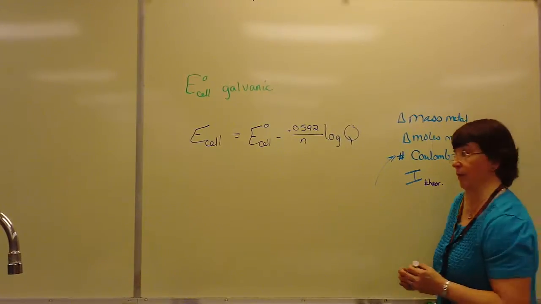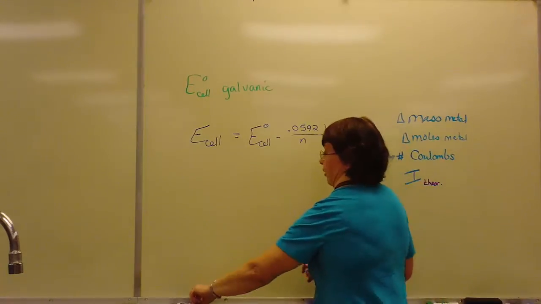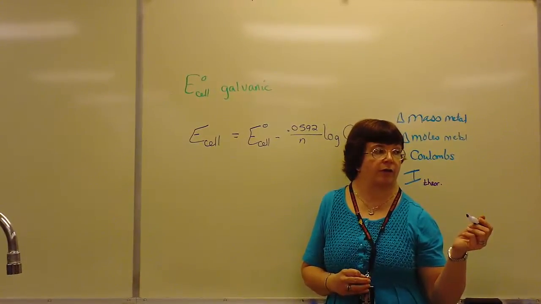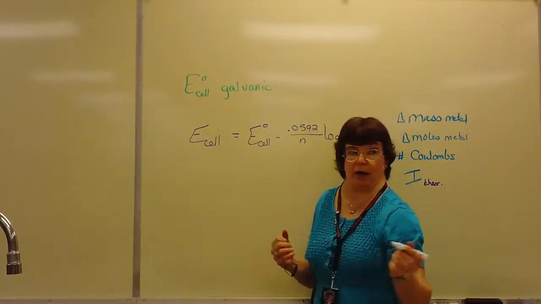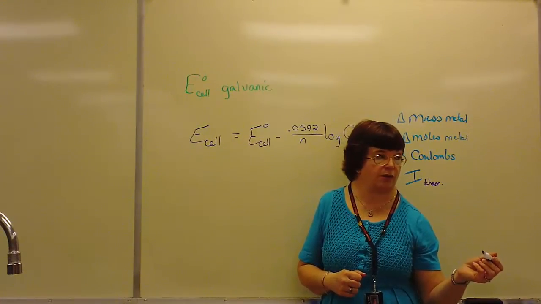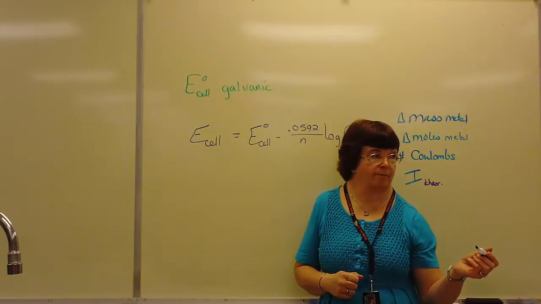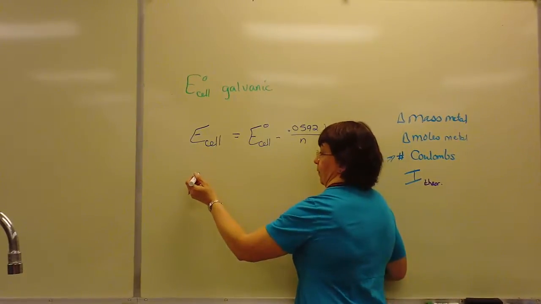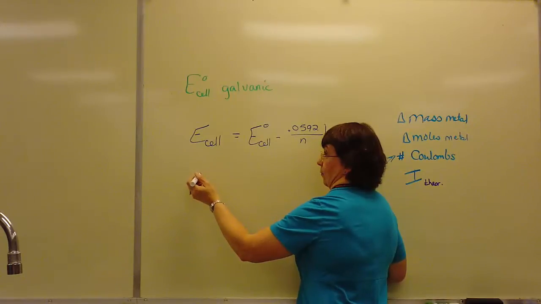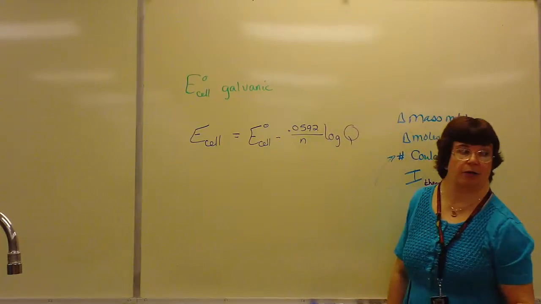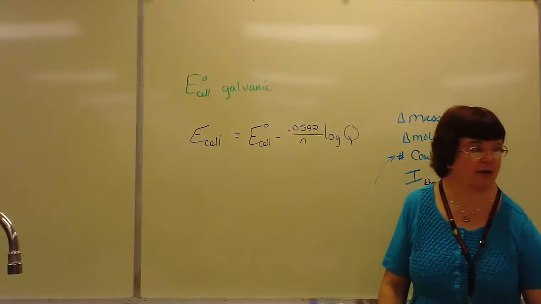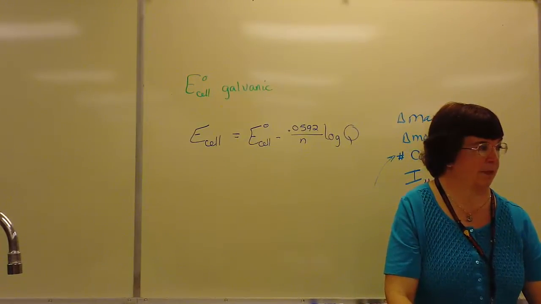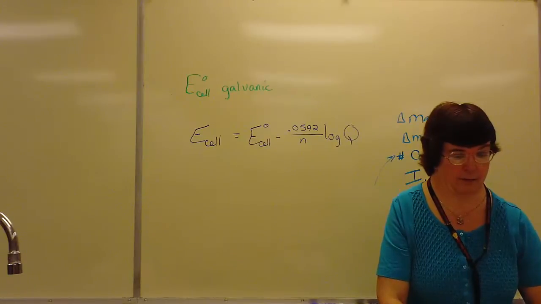What is it? Let's take a look at yours. What are your two metals? Aluminum and copper. Good. So, what oxidizes, what reduces? Aluminum oxidizes and copper reduces. What's the E0 for your cell?